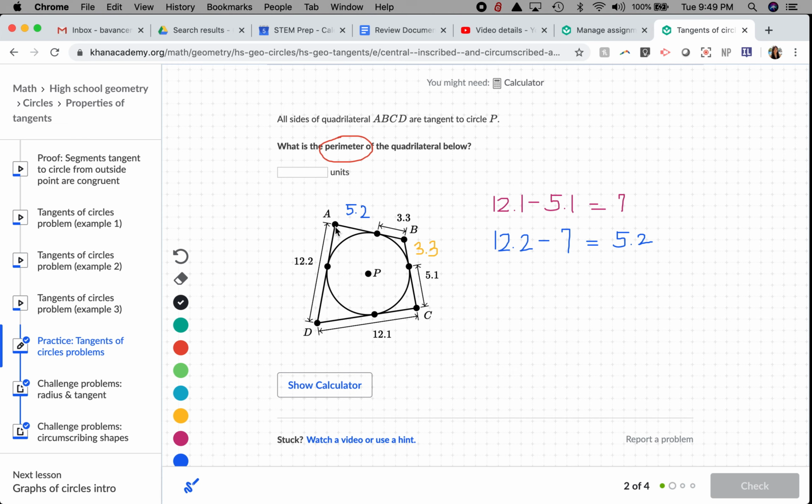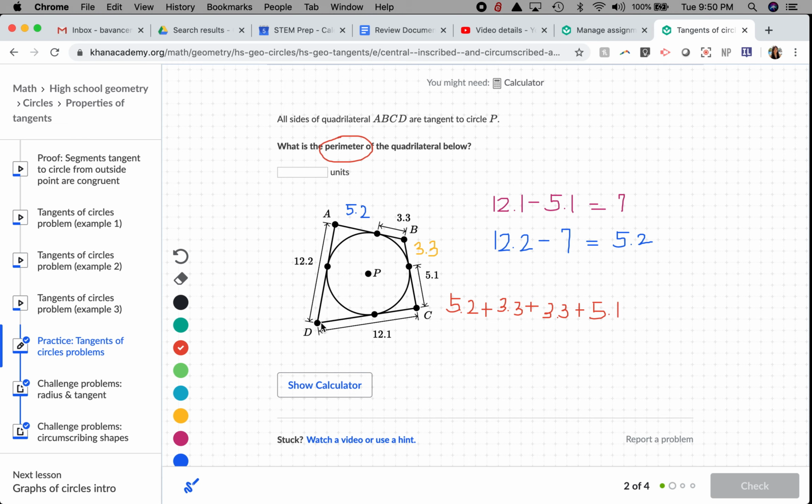We've got 5.2 plus 3.3. Actually, let's put this in red. 5.2 plus 3.3. Moving around, we've got 3.3 plus 5.1.